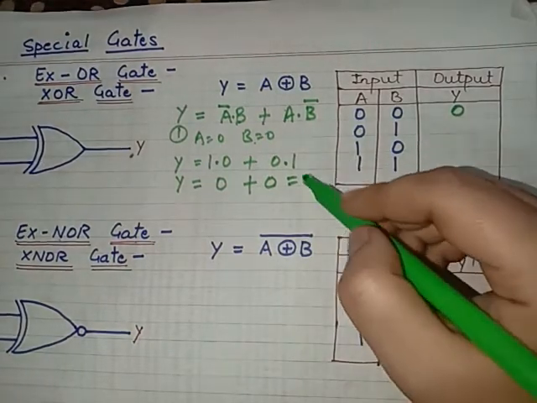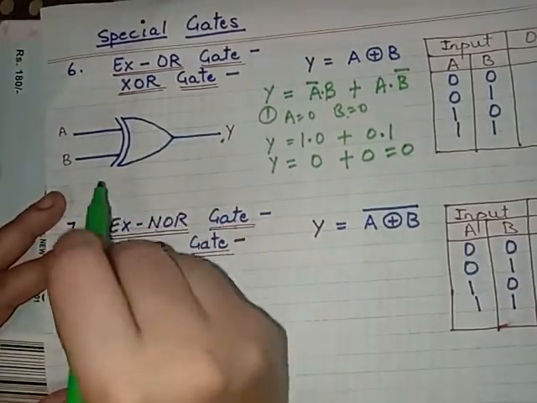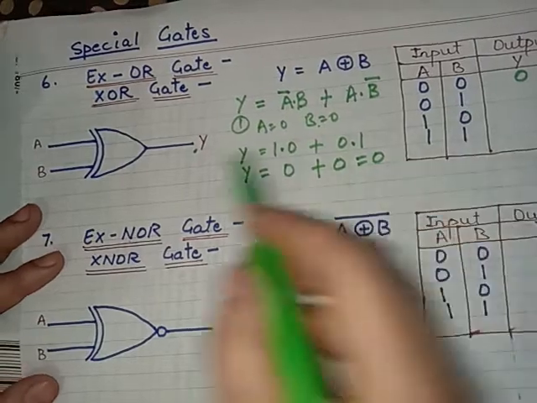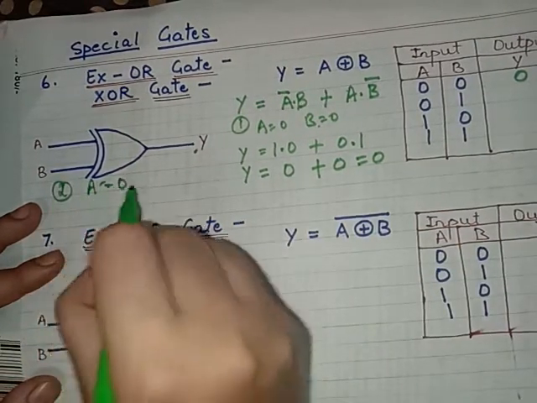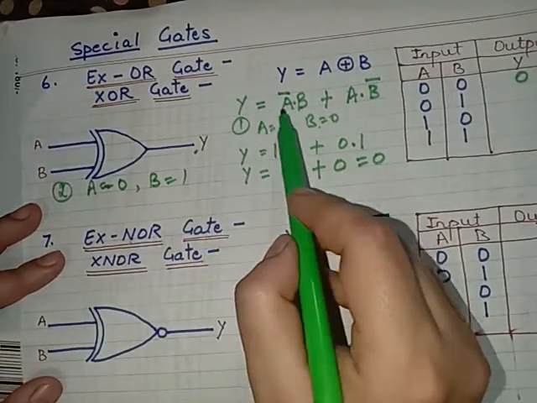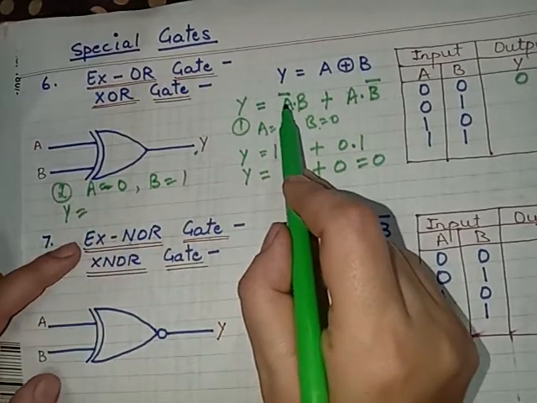And in this case, by putting all the values, you can find all the cases. Like I am just going to solve the second case, that is A is equal to 0 and B is equal to 1. So putting again in this equation, Y will be equal to, first of all we have to take A bar.